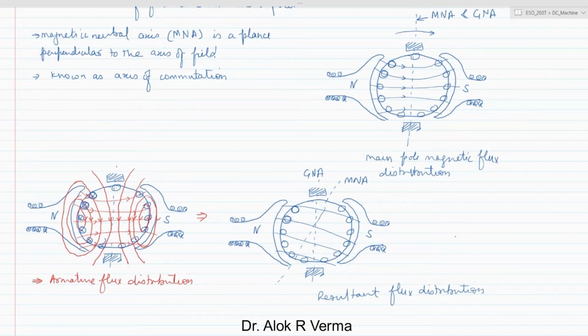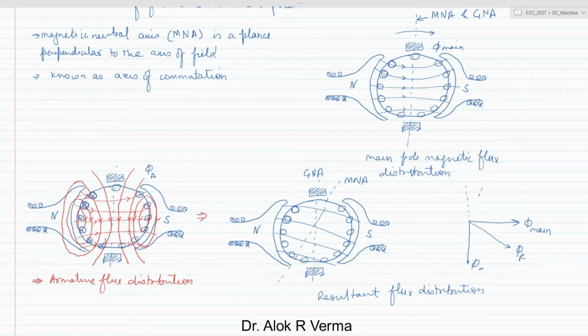So if you see, the main flux will be in the horizontal direction, which is here in this case, and you will have an armature current which is perpendicular, and then you will get the resultant phi r. This is phi main, and the armature flux, which is phi a.